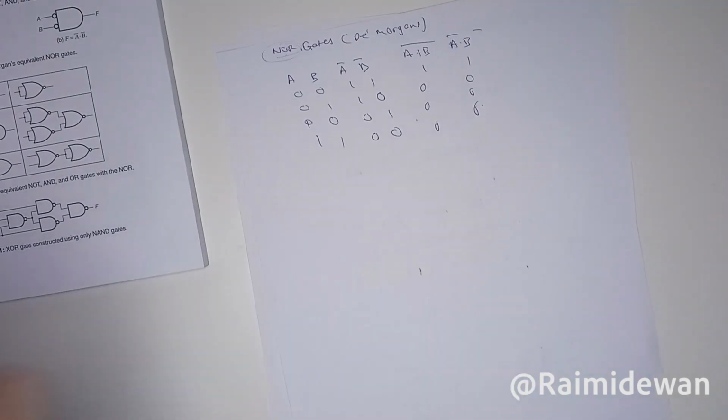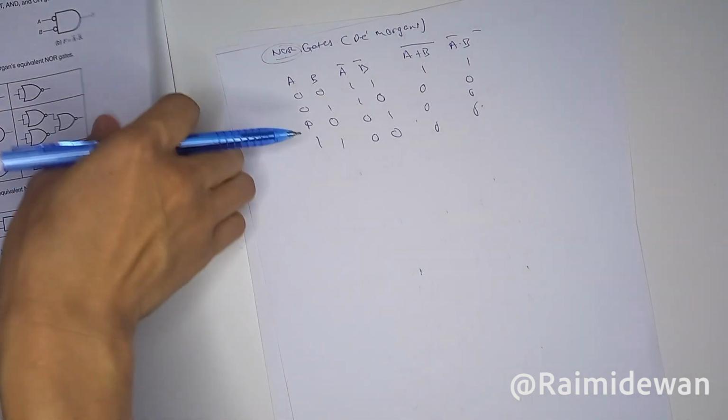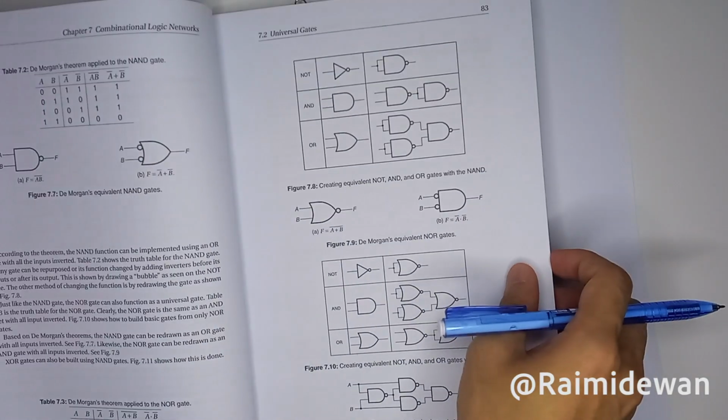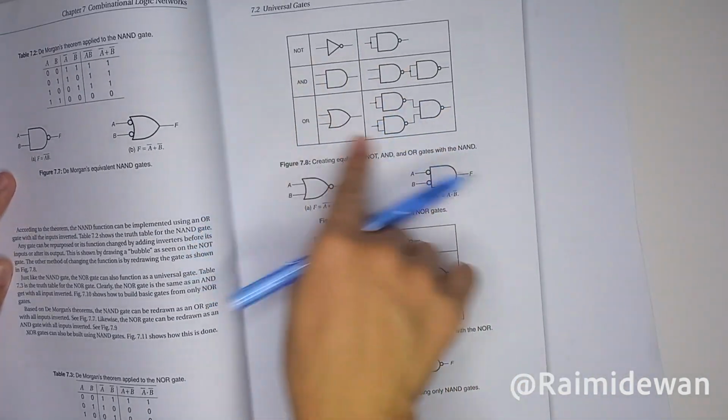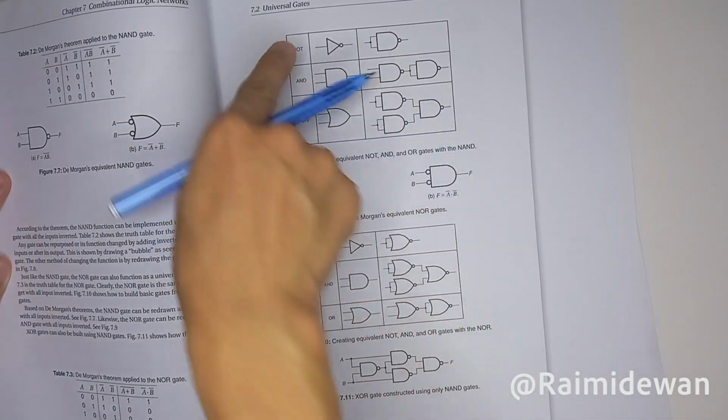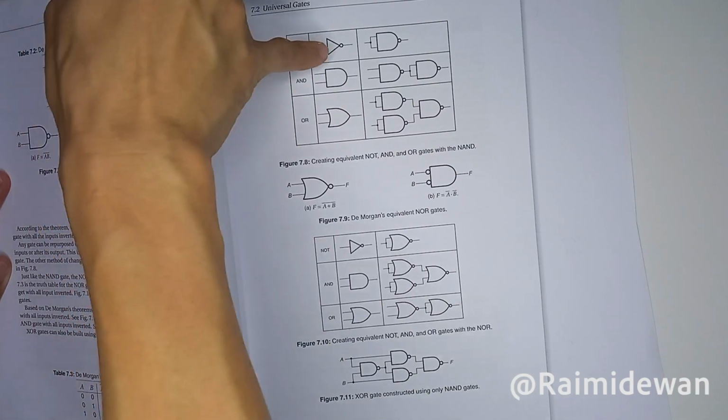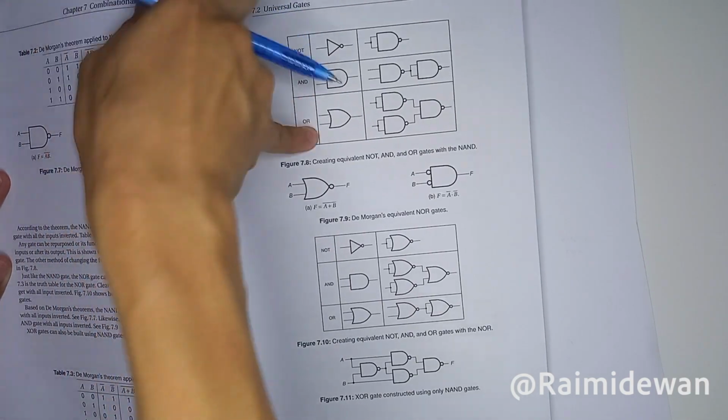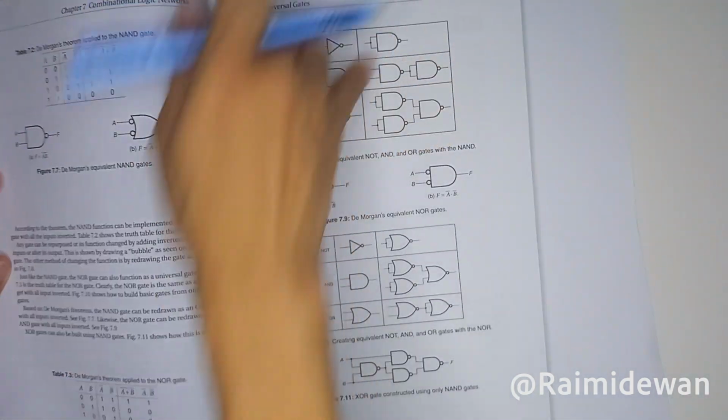So they are equivalent. This one you can try at home. This is how you actually manage to get the derived NOR and OR functions just using NAND gates.